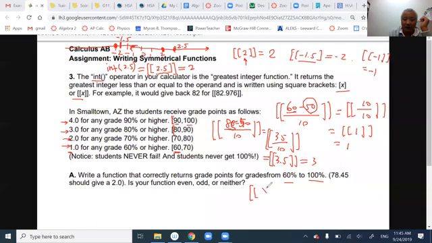And then we got x minus 50 divided by 10. Like this.